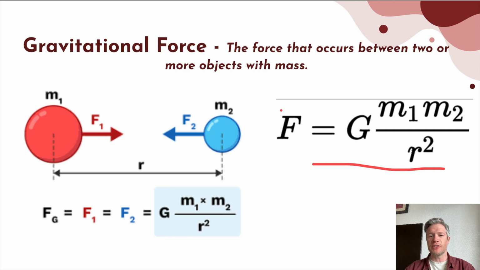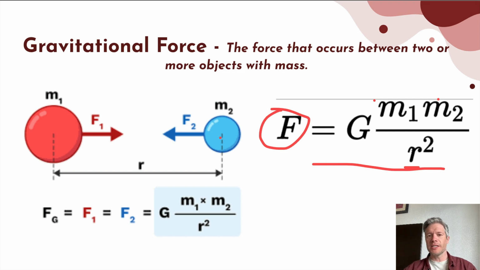So if we have our gravitational force, that's what that F is over here, it is proportionate to the product of the masses of the objects, and inversely proportionate to the square of the distance between the 2 center points of these objects.